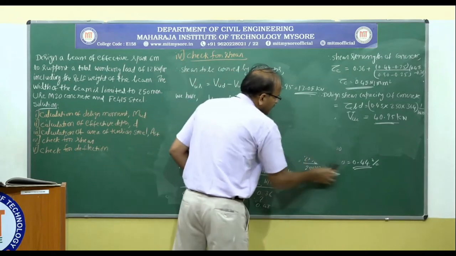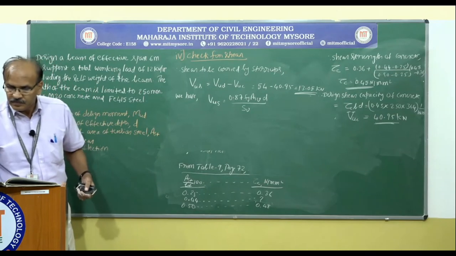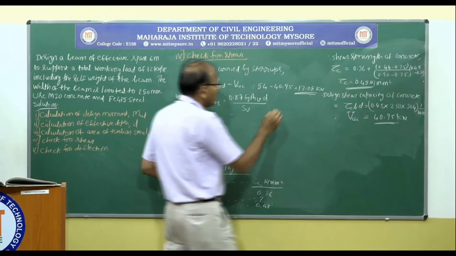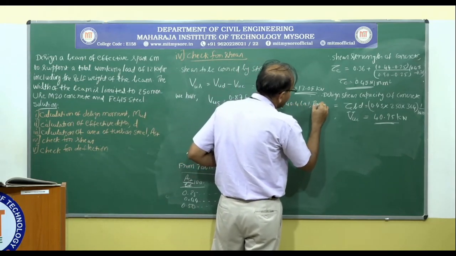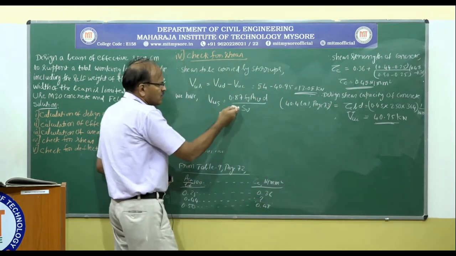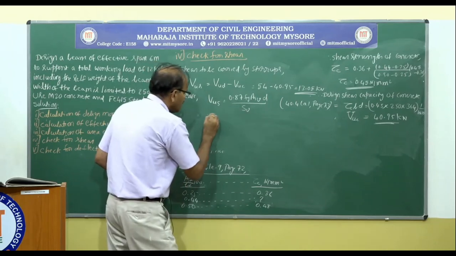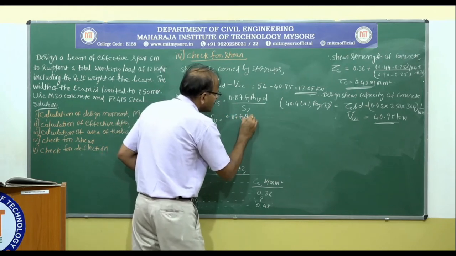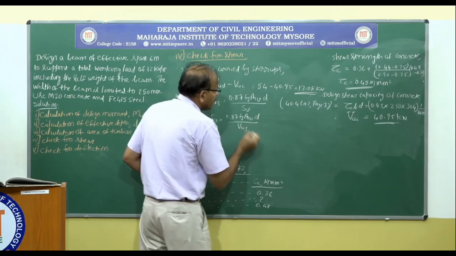So this is as per 40.4A, page 73. So I am going to bring SV to this place and VUS to this place. Therefore, SV equal to 0.87 FY ASV D divided by VUS.